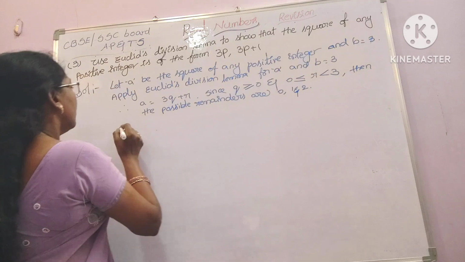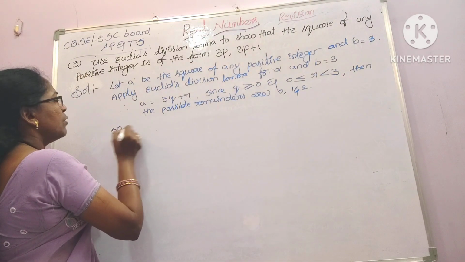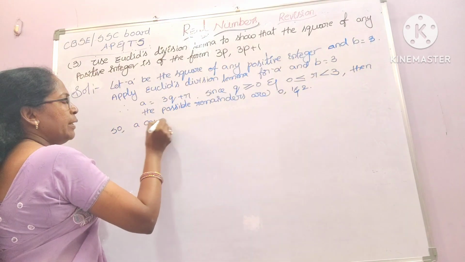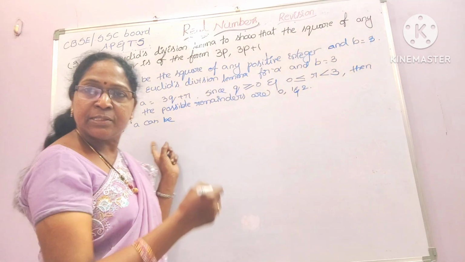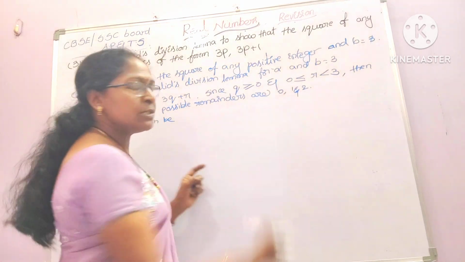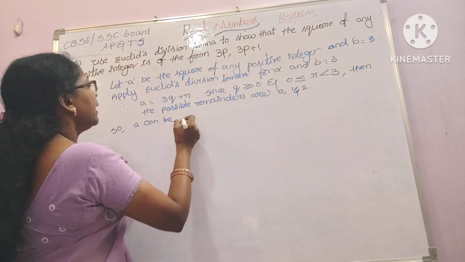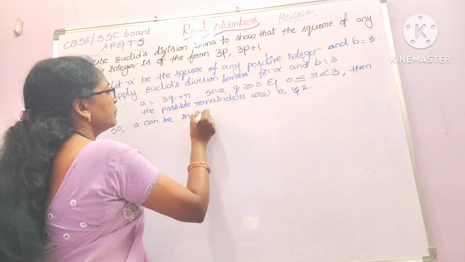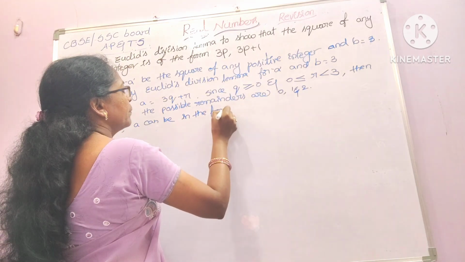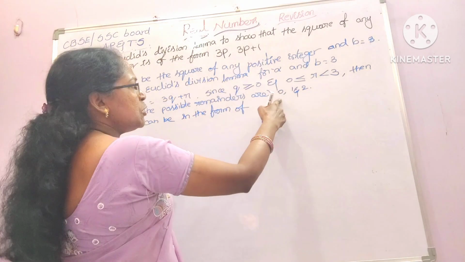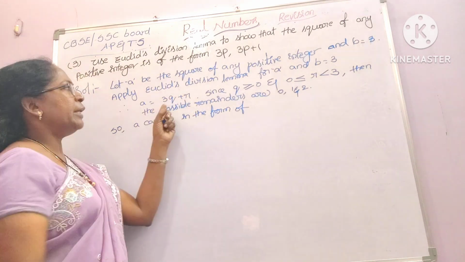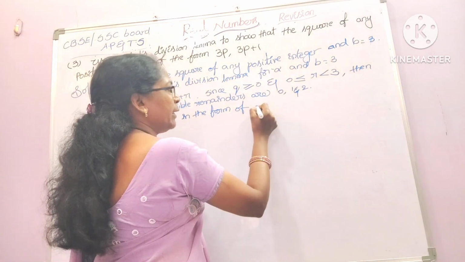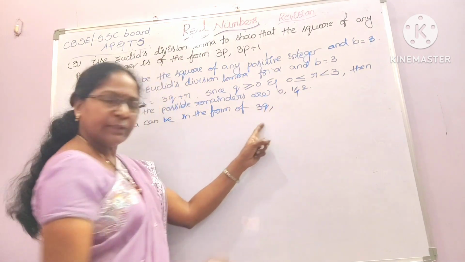Now here, A can be in the form of... What are the possible conditions of A? Whenever the remainders you are getting are 0, 1 and 2, then A can be in the form of: first, 0 you substitute in this equation, 3q plus 0, then you will get 3q form.